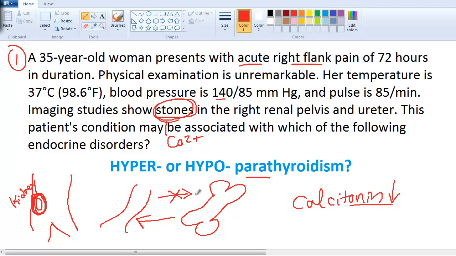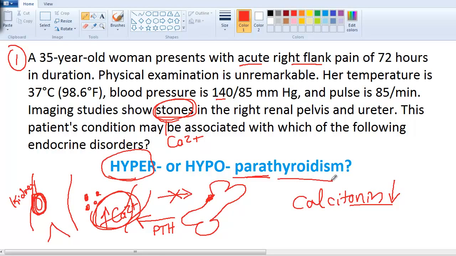So it's not this, because again, tone down means remove, and then we got to put it somewhere, so we'll be putting it on here. So this must be here, the parathyroid hormone. If we have parathyroid hormone, we're going to increase the calcium levels. If we have a lot of calcium in here, we're going to create stones. So this is going to be hyperparathyroidism.